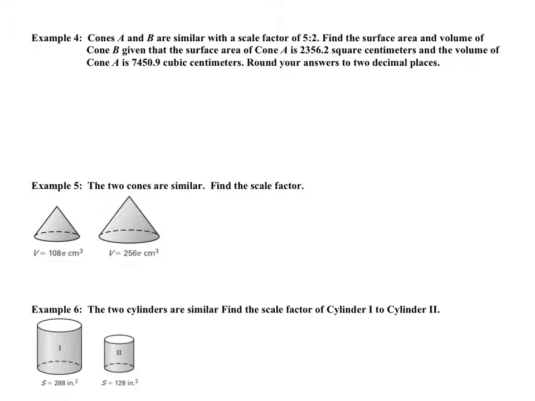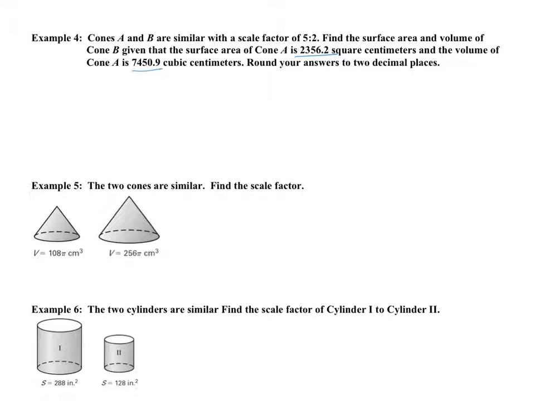Okay, example 4, let's practice one more time. Cones A and B are similar with a scale factor of 5 to 2. Find the surface area and the volume of cone B, given that the surface area of cone A is 2356.2 and volume of cone A is 7450.9, and round your answers to 2 decimal places.